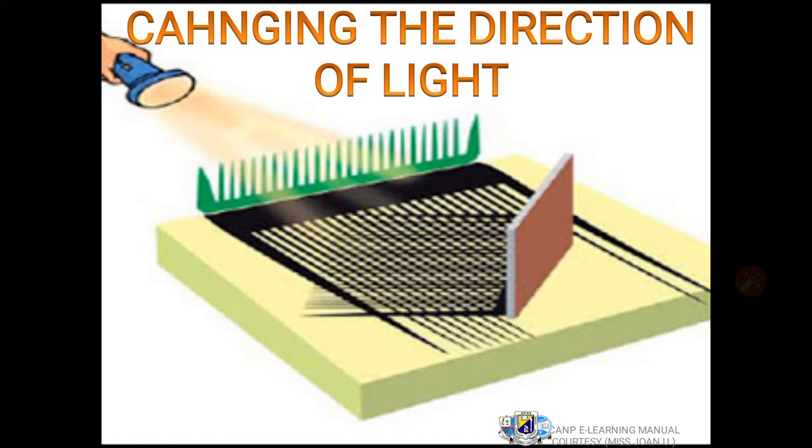We said light travels in a straight line, and then we also learned that light interacts with matter in different ways. We said it is transparent, translucent, or opaque. We also learned that when light reflects on a very smooth surface, it forms an image of an object, just like the mirror. Today we are going to see how we can bend the direction of light.